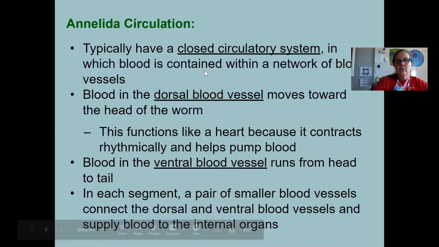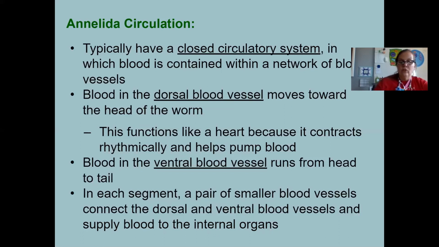Circulation, this is the first with a closed circulation system, which means that all of the blood is going through vessels. There aren't organs that are just bathed in the blood. And we'll see in some of the other animals, there are open circulatory systems, which is when they're just bathed. Closed means there are networks of blood vessels. So we saw in the picture, there's the dorsal and ventral blood vessel.